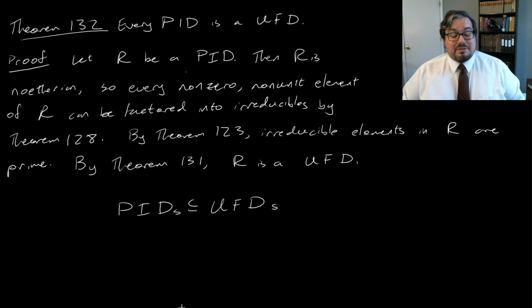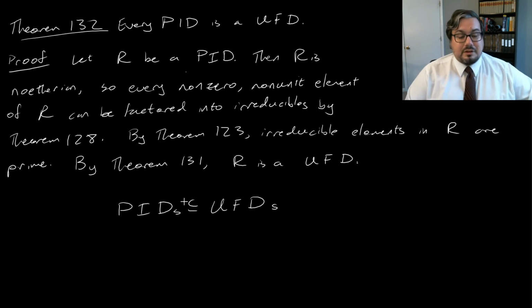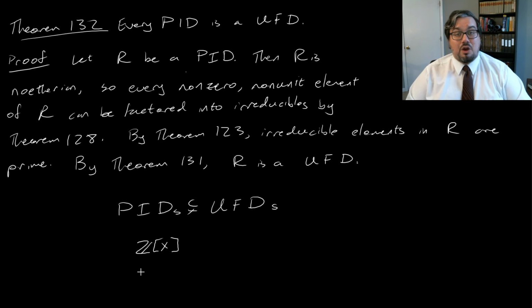The question can reasonably ask whether the containment goes the other way. Are principal ideal domains and unique factorization domains simply the same thing? The answer is no. They are not the same. The example that we will eventually have is the polynomial rings over the integers.